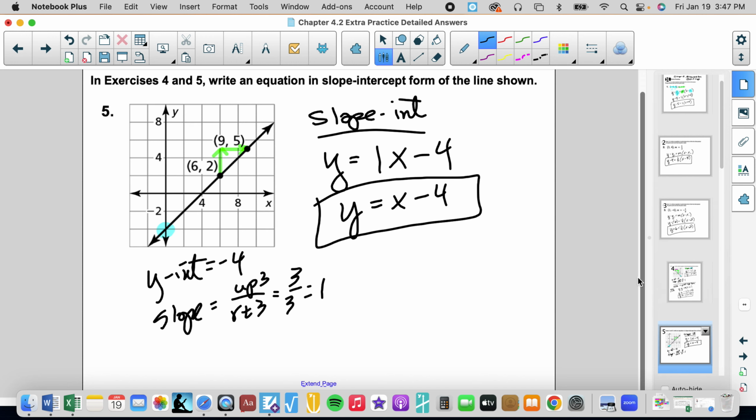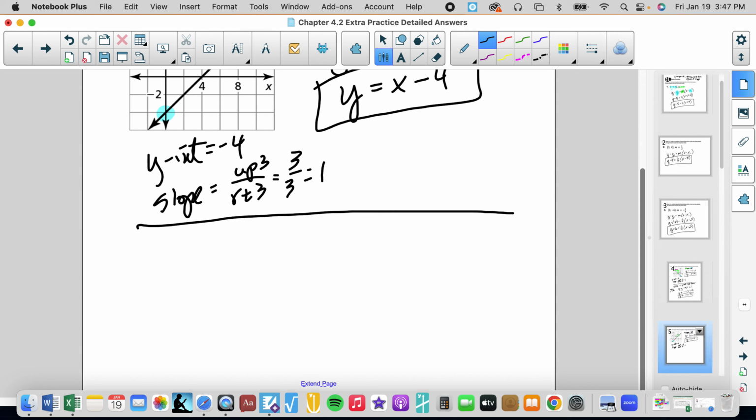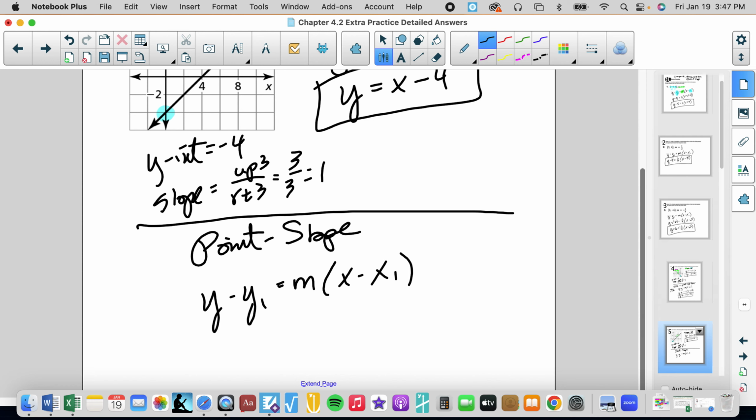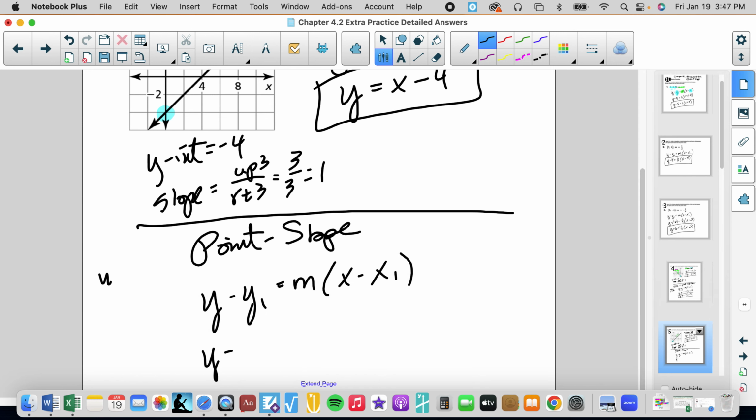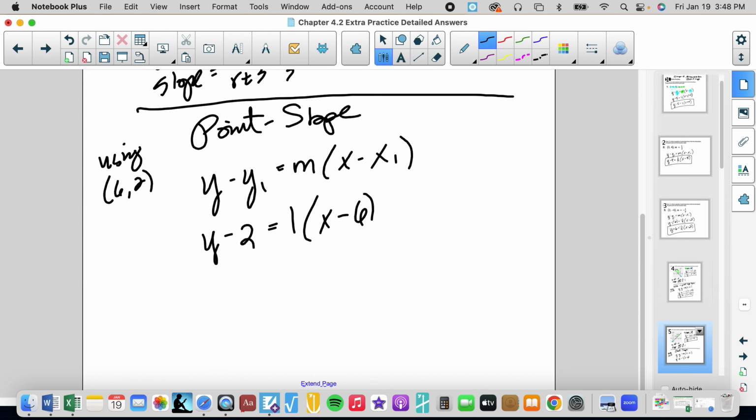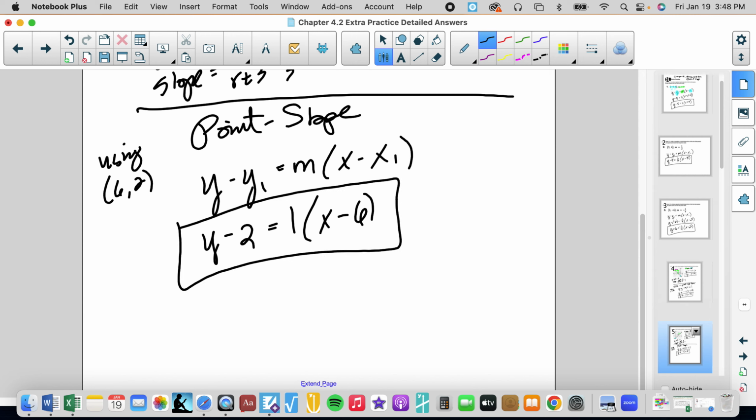Now let's do it using point slope form. Point slope form, y minus y sub 1 equals m times quantity x minus x sub 1. Let's pick a point. Let's not pick the intercepts. We'll pick 6, 2. So using 6, 2, my y value is minus 2. My slope is 1. x minus my x value. So you could leave it in this fashion. That would be okay.